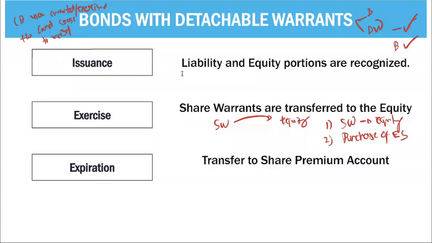Once you exercise them, the share warrants will be transferred to equity, and at the same time, there will be a purchase of your equity securities. So the total value of your equity will be from your share warrants and your purchase of equity securities. A while back in your convertible bonds, what do we call the share premium? Share premium conversion option. Here we call it share premium, share warrants outstanding.